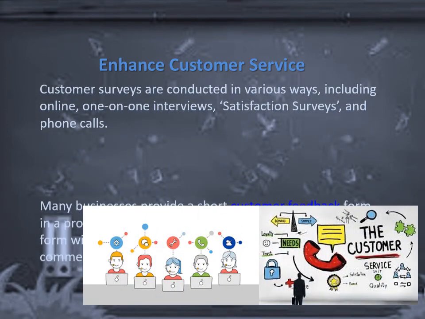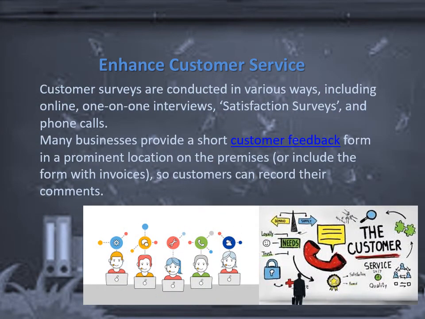Enhance customer service. You know it, we all know it. All businesses have to be customer centric to be able to sustain their market share. And we have discussed in the previous session market share versus the customer loyalty, or market share based on customer loyalty.